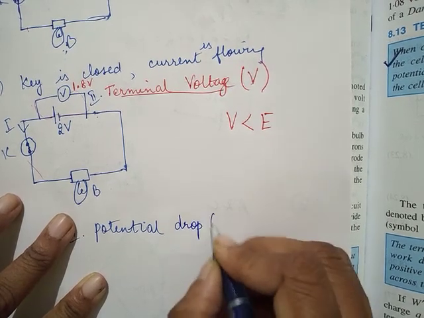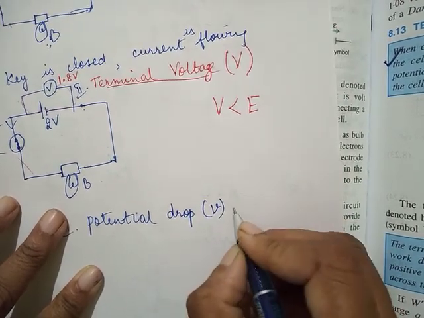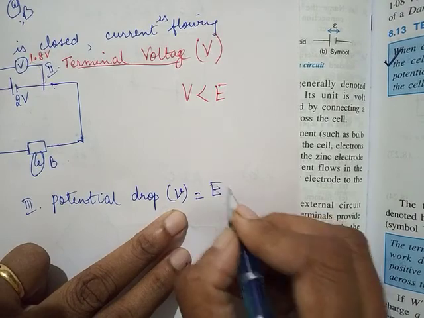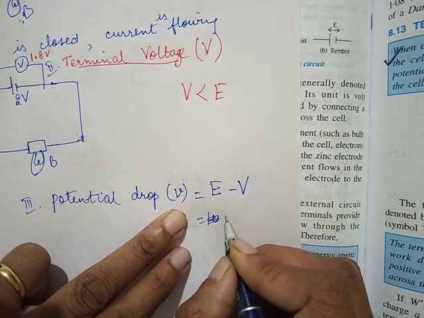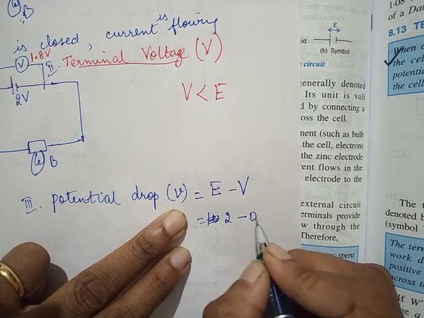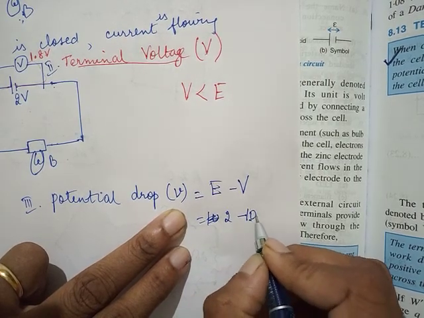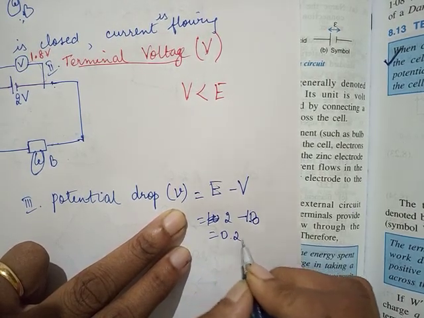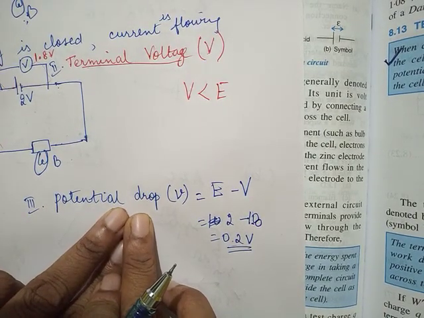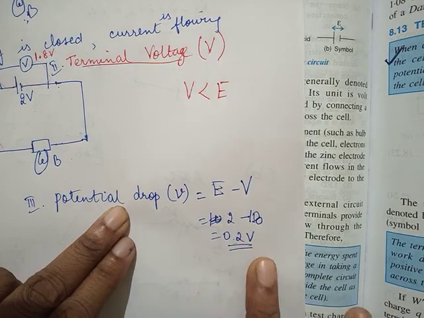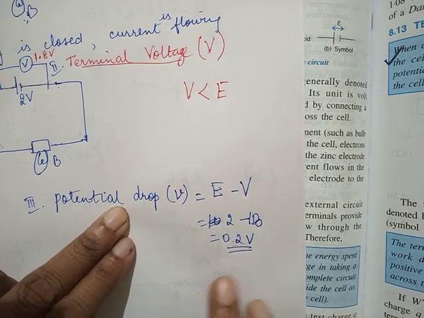That's called potential drop, small v, and it will be equal to E minus V. That is 2 minus 1.8, that is 0.2 volts. This is called potential drop. In the sense, this much got wasted. It is not usefully used. Where did it go? I'll tell you.